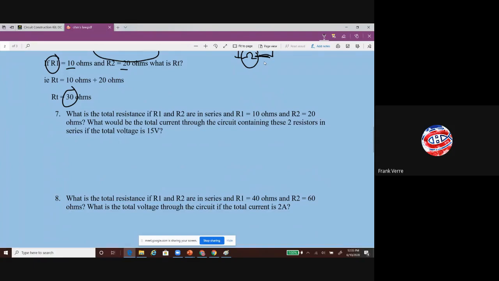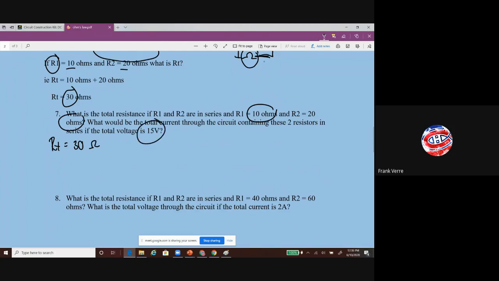So imagine we have two light bulbs. One has a resistance of 10 ohms and one has a resistance of 20 ohms, okay? So we know the total resistance is 30 ohms. What would be the total current going through the system if the voltage is 15 volts?